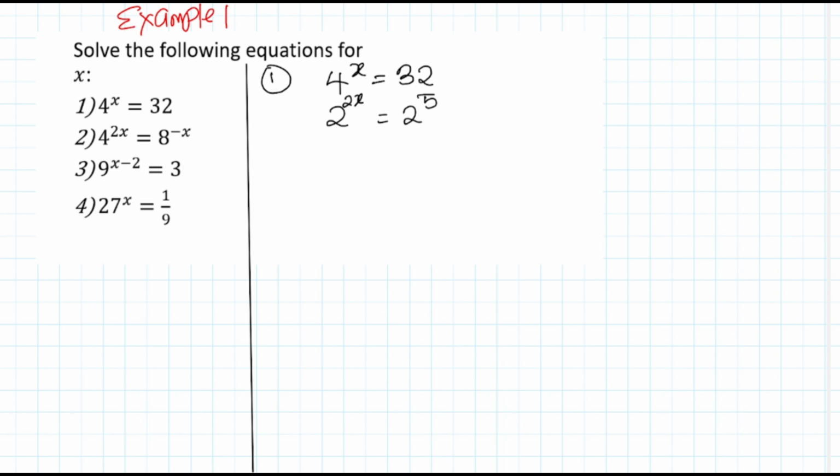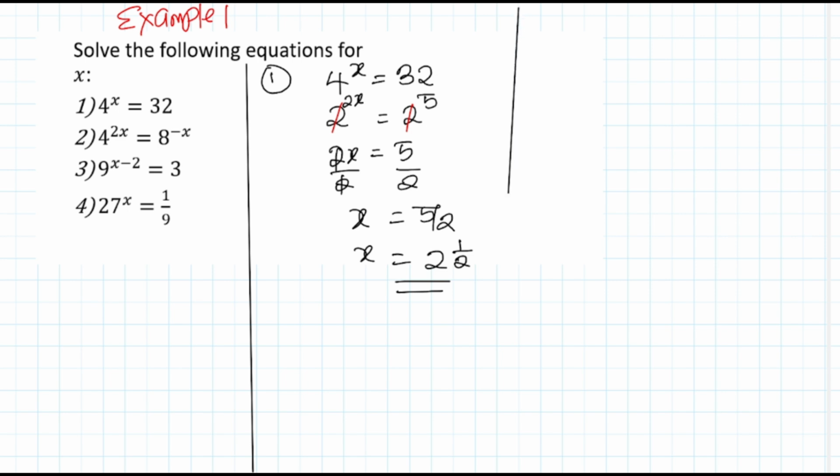Now we have the same base. You just cancel the base and then equate the power. 2x = 5, and then you solve for x. So therefore x = 5/2, which implies that x equals 2 1/2 in simplest form. Okay. So this is how you basically solve exponential equations.